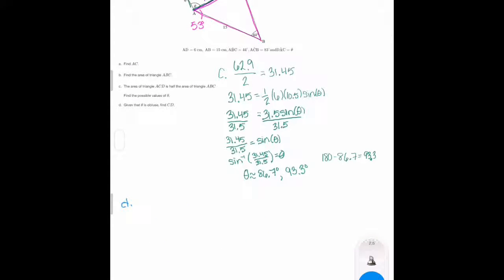Since we are given that angle theta is obtuse, that means we are going to use the 93.3 degree angle that we found in part C. And then we're also going to go ahead and use the cosine rule.